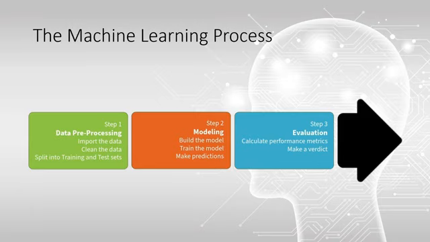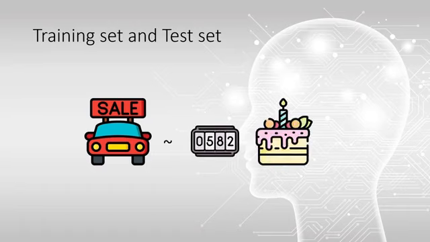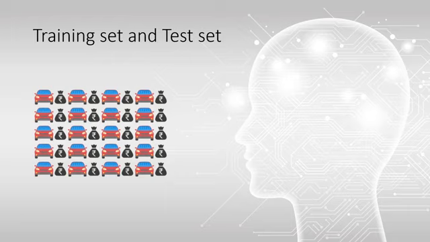Now we will talk about the importance of splitting the data into a training set and a test set. Let's imagine that you are tasked to predict the sale prices of cars, and that is your dependent variable. And your independent variables are the mileage of the car and its age. In the data supplied to you, you have 20 cars in total.